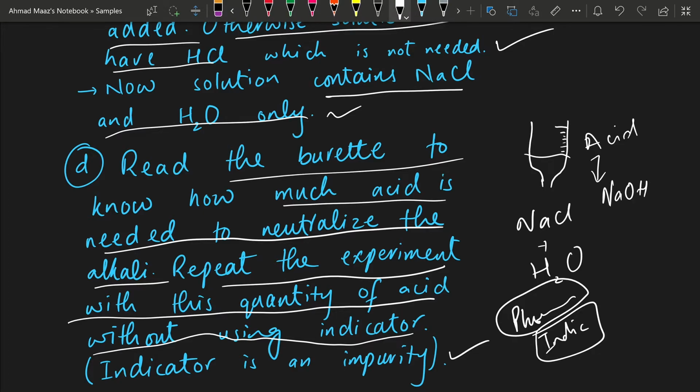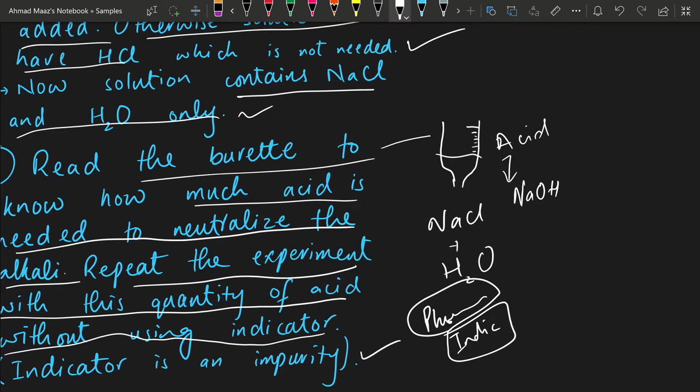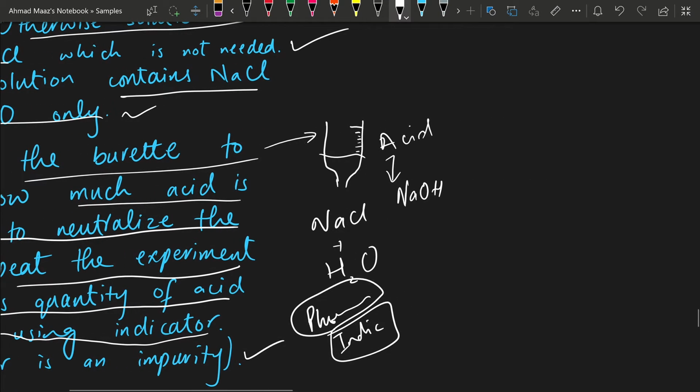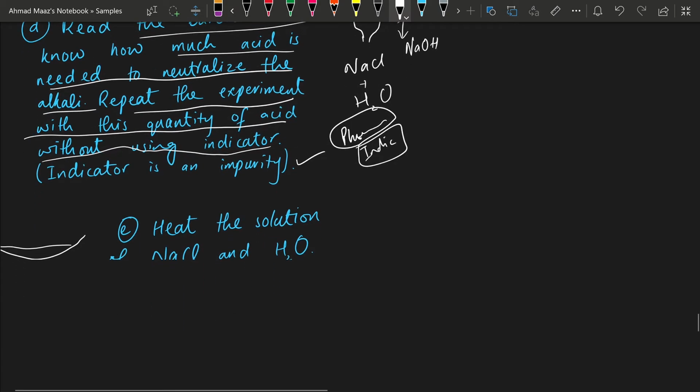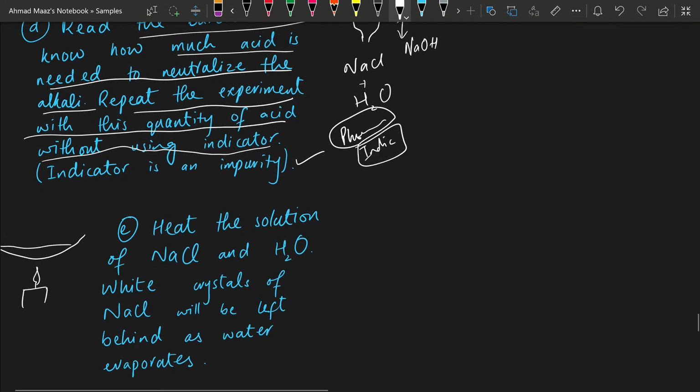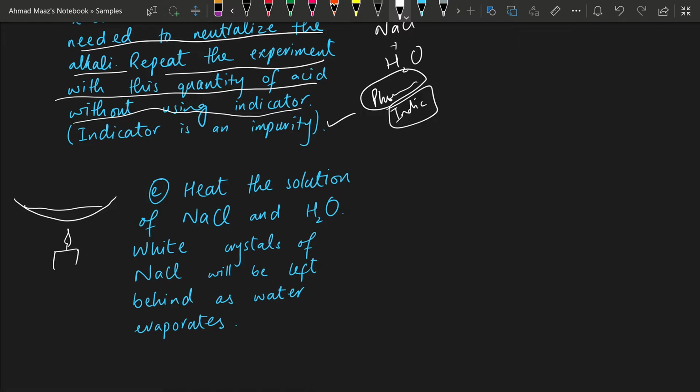So we'll repeat the experiment with that exact amount of acid that we obtained from the first experiment, and then we'll heat the solution. We'll do the experiment up till here, and then we'll heat the solution of sodium chloride and water only.